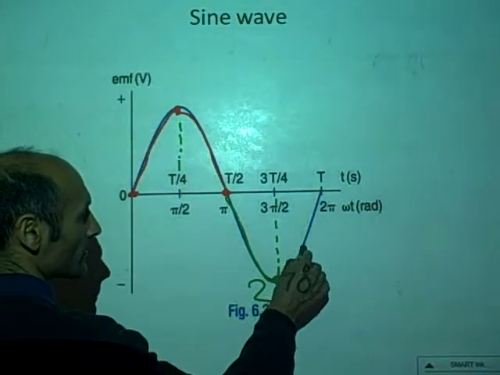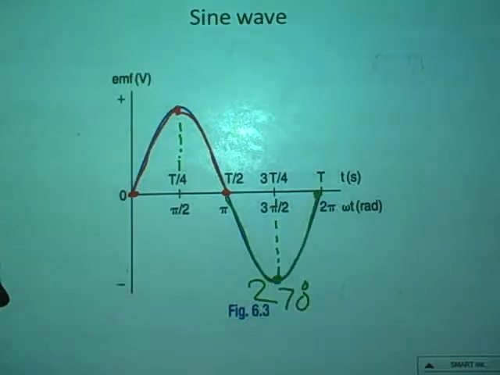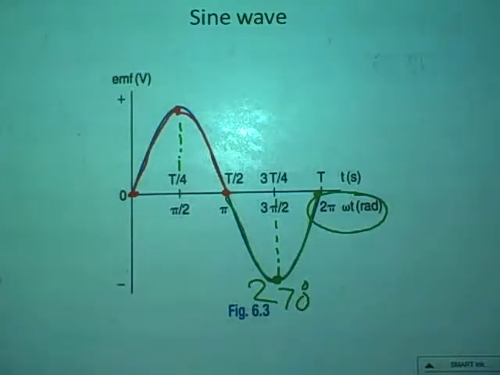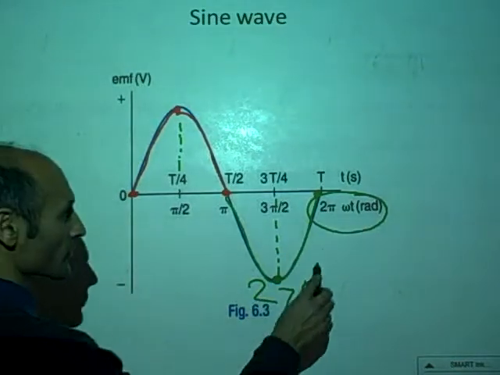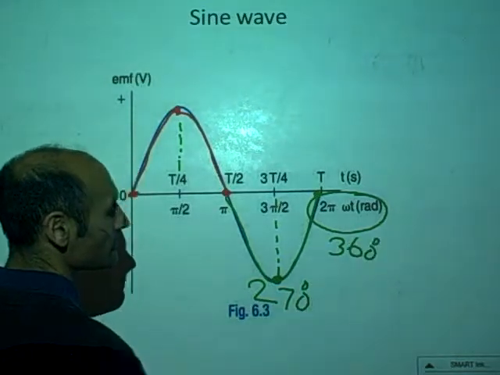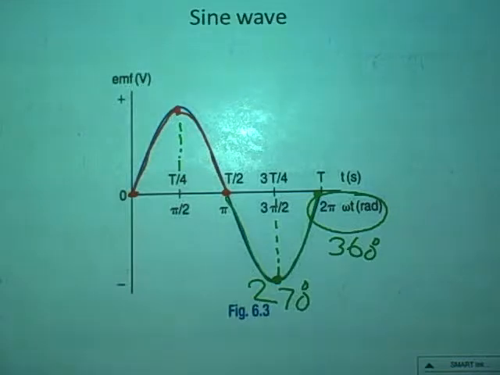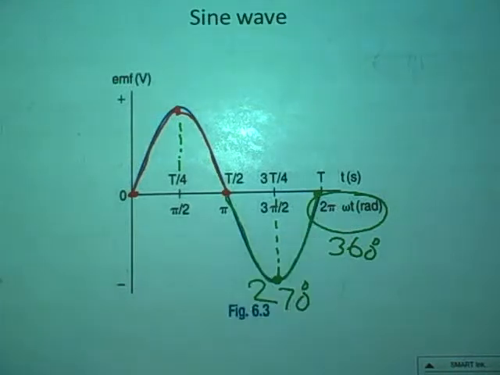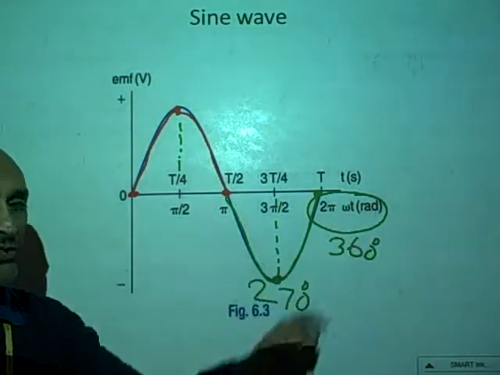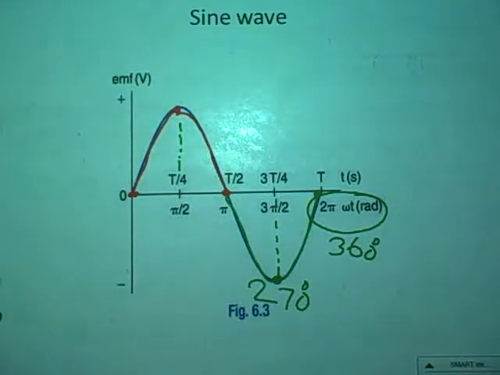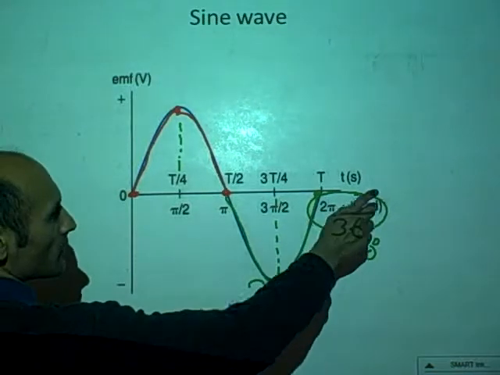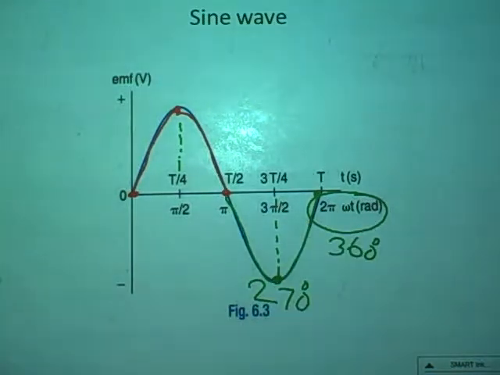We go up to that point there, to our starting position, and that's represented by an angular velocity of 360 degrees, or we could say it's 2 times pi radians, or angular velocity times time, which is radians. 2 times pi, angular velocity times time, which is in radians. We demonstrated that before on the circle that you drew earlier on.